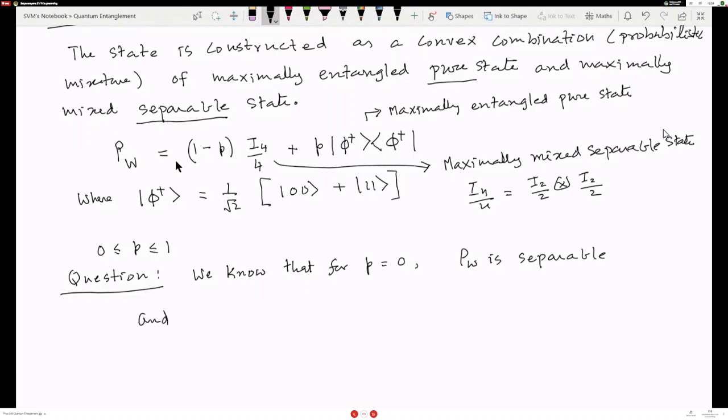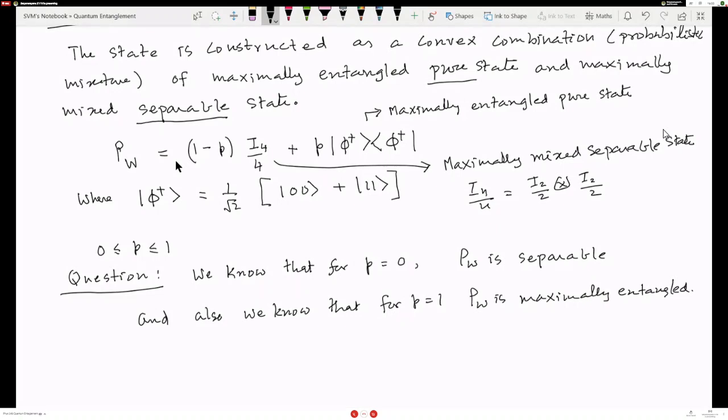And also we know that for p equal to 1, rho W is maximally entangled.